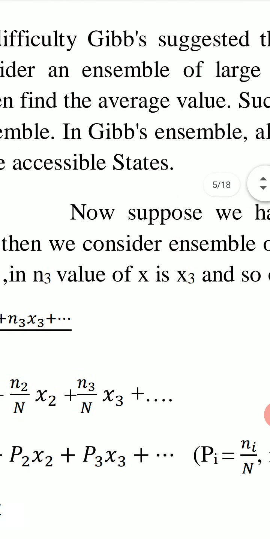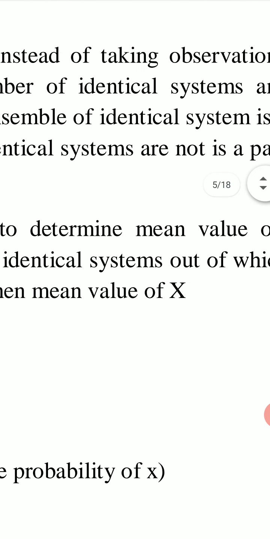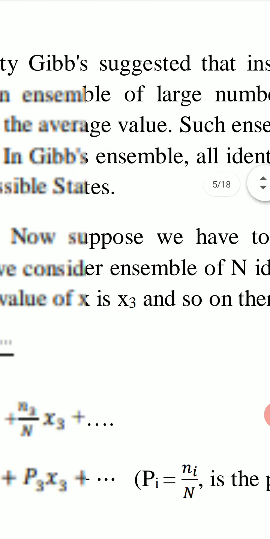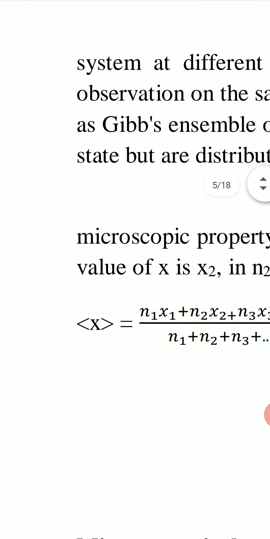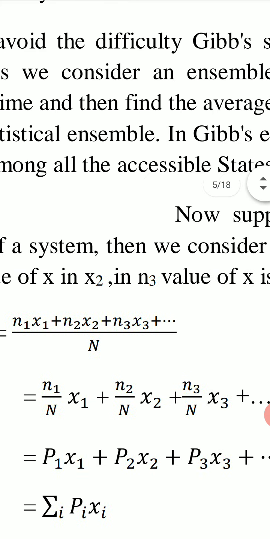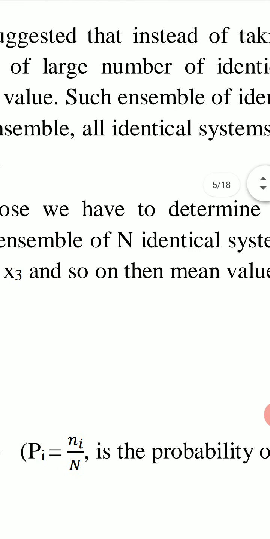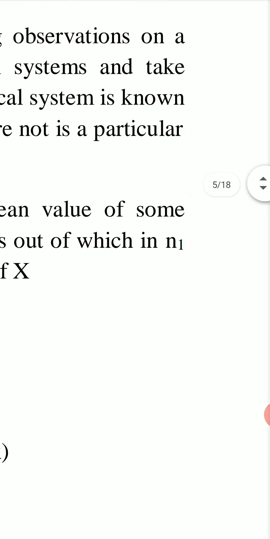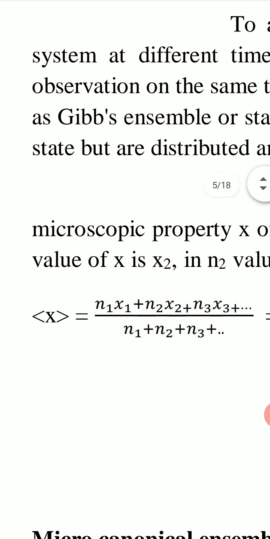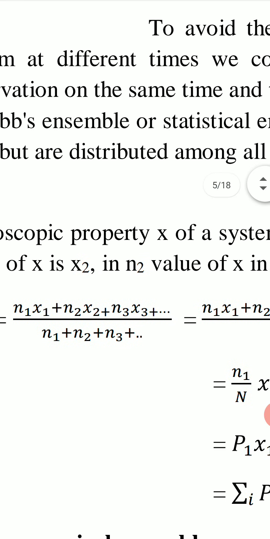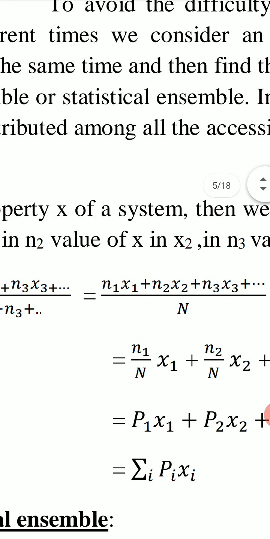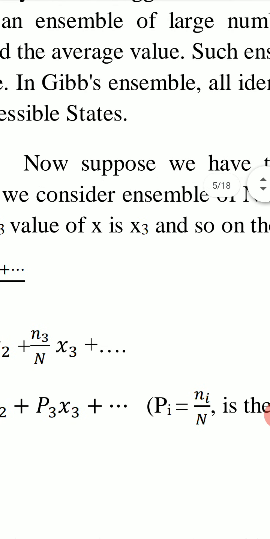To avoid the difficulty, Gibbs suggested that instead of taking observations on a system at different times, we consider an ensemble of a large number of identical systems and take observations on these identical systems at the same time, and then find the average value.